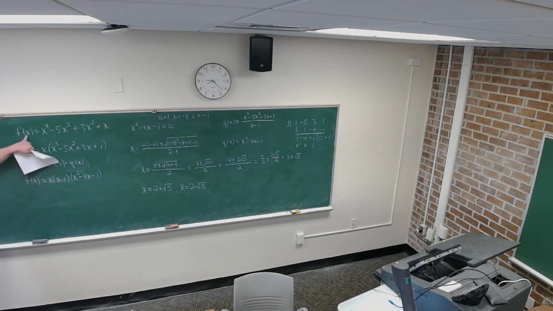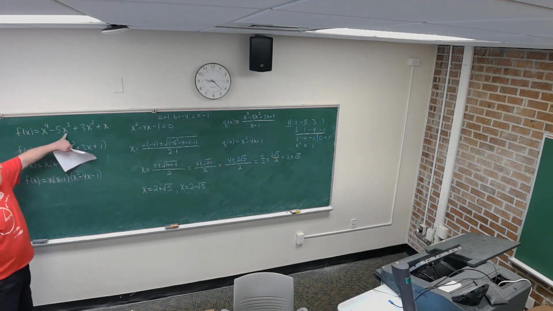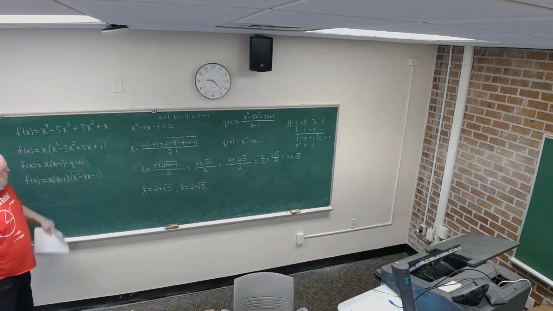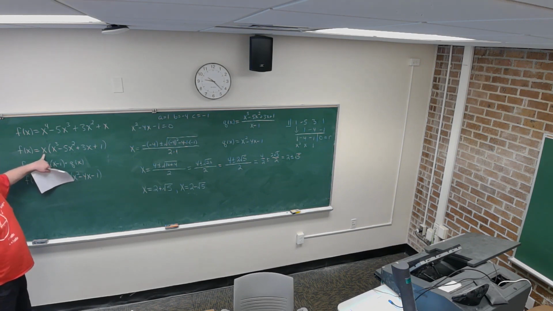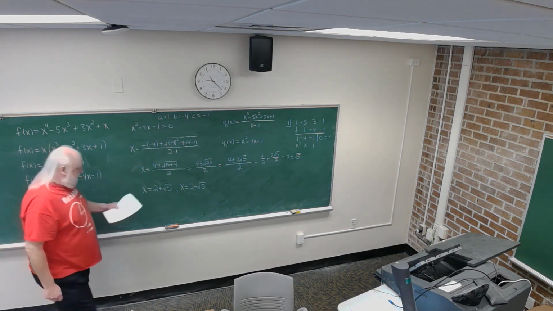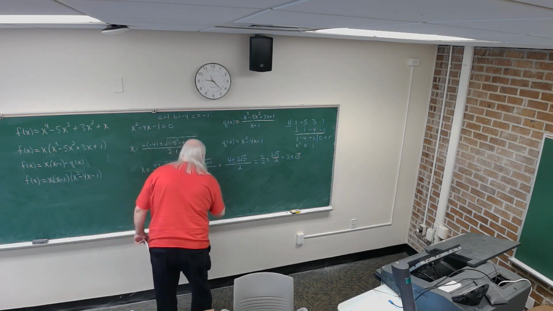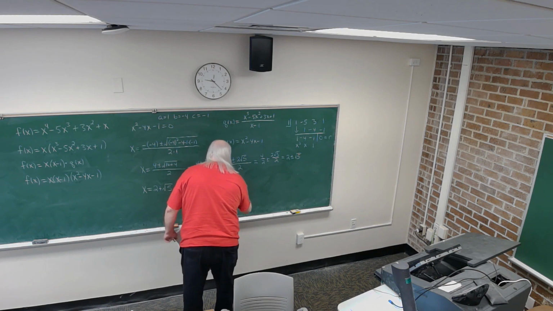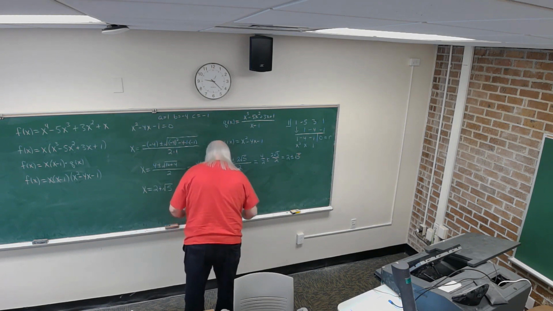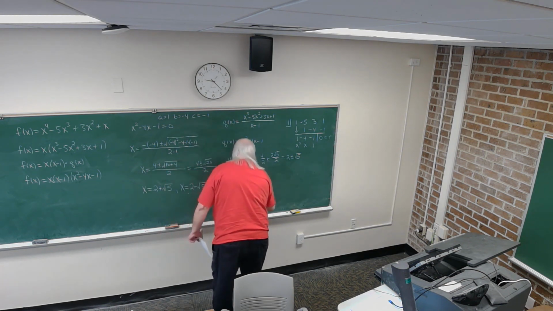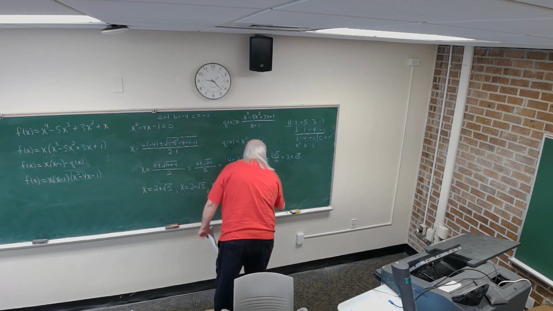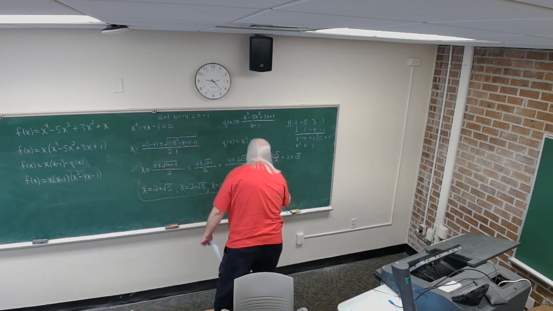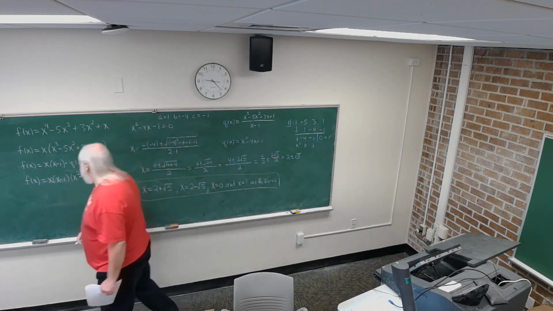You put in 0 for x, you have 0 to the 4 minus 5 times 0 cubed plus 3 times 0 squared plus 0, which is 0, right? That's the result of factoring out the x. So x equals 0 is the third 0. And we already showed that x equals 1 is a 0. So these are the 4 zeros of our original polynomial.